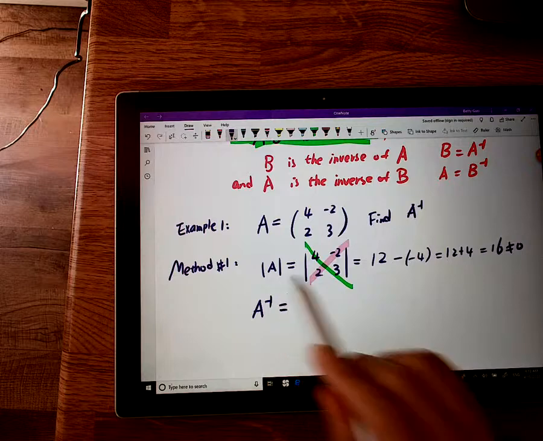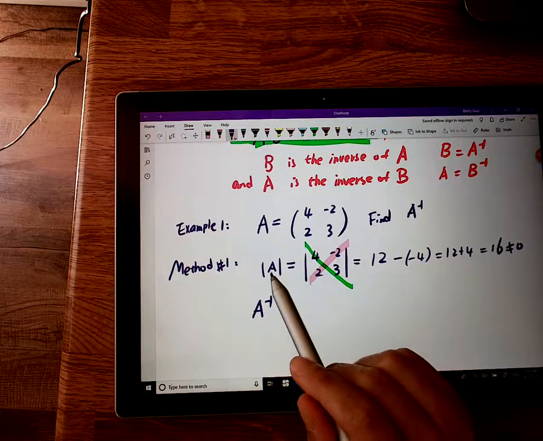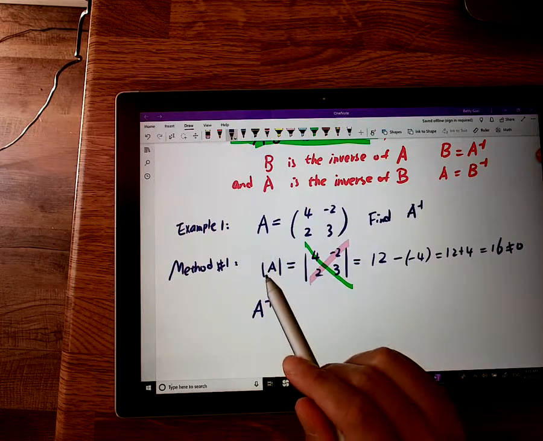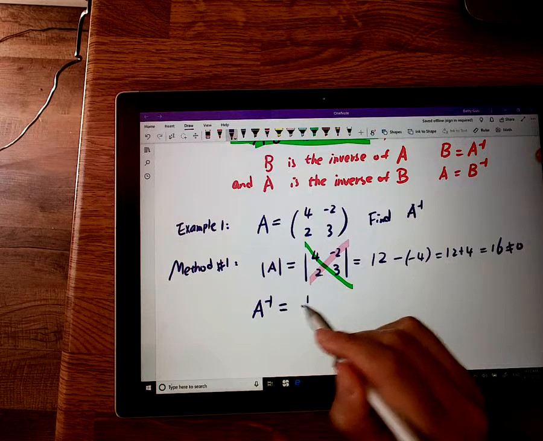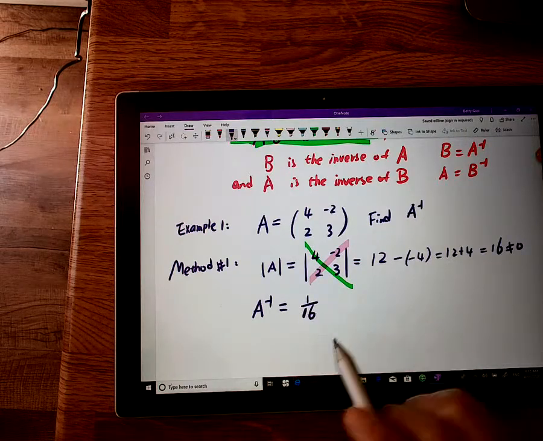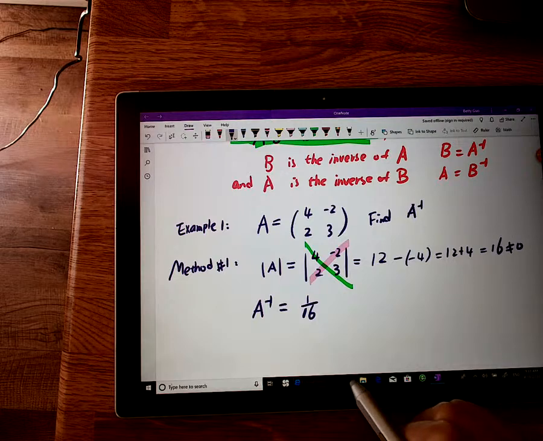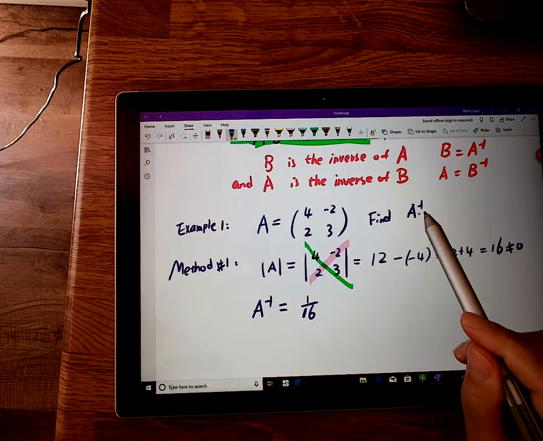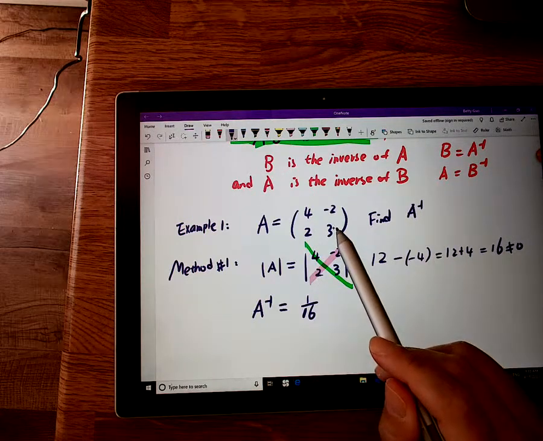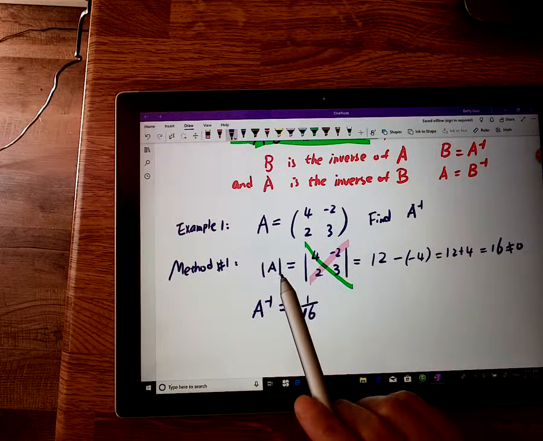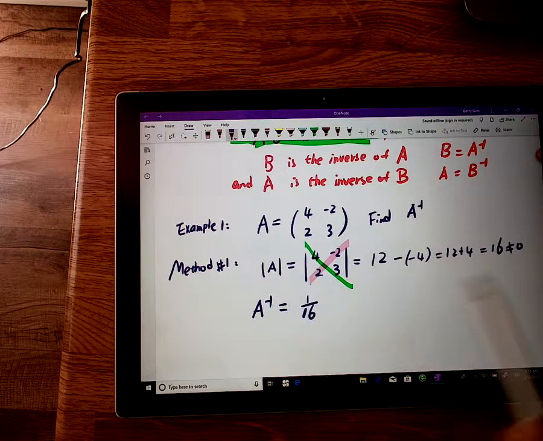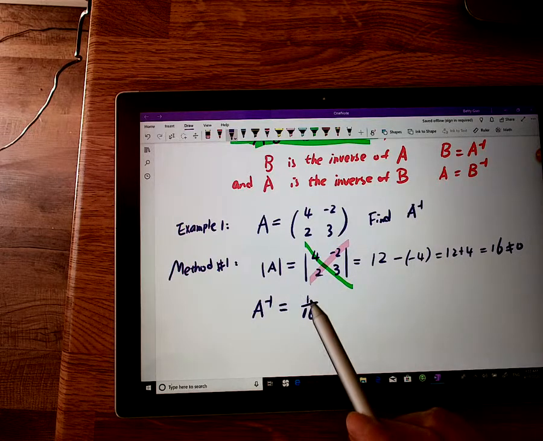We take the reciprocal of the determinant of A, which is 1 over 16. So I'm giving you the formula for finding the inverse of a 2 by 2 invertible matrix. We compute the value of the determinant of the matrix and then take the reciprocal.